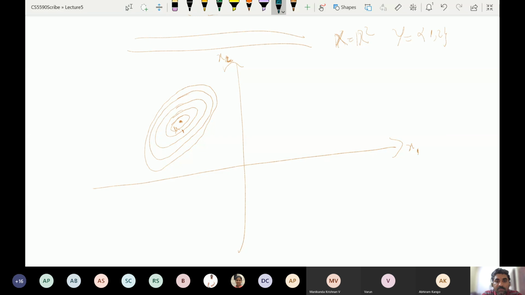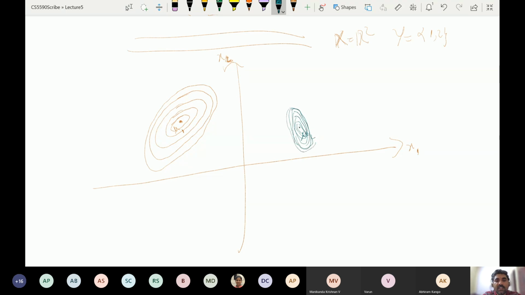Similarly, let's assume that this is mu2, and there is some other shape, sigma 2, but this is more concentrated. The concentric ellipses are closer together in this case than in the other case.